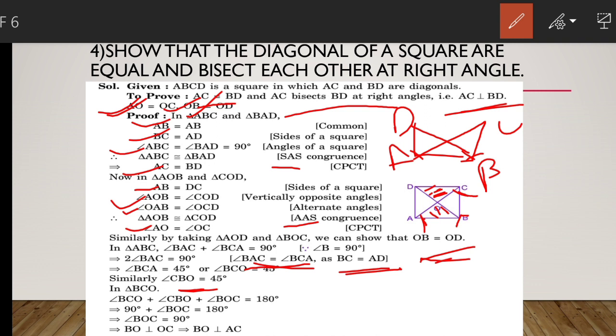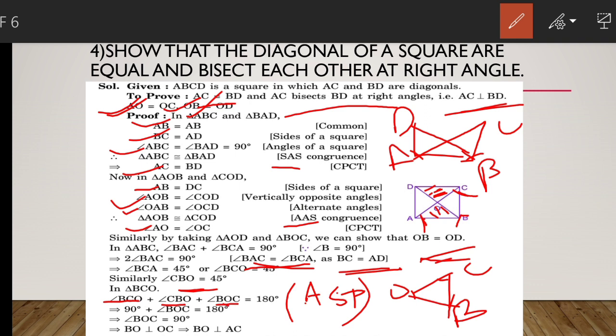Now we will consider the small triangle BOC. Here, the sum of the three angles together will give us 180 by the angle sum property. Angle C and angle B together give us 90 degree, that is OCB and OBC together will give us 90, and BOC we need to find.